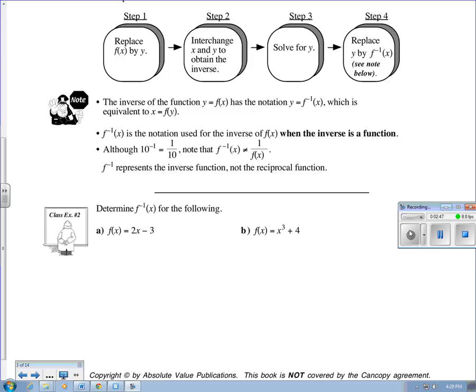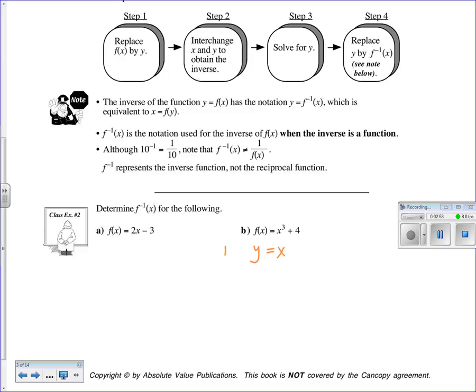So step number 1, replace my f of x with y, rewrite the statement. Awesome. Step number 2, flip the x's and y's around. So now the y becomes an x, the x becomes a y.